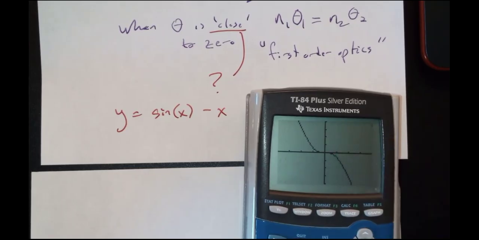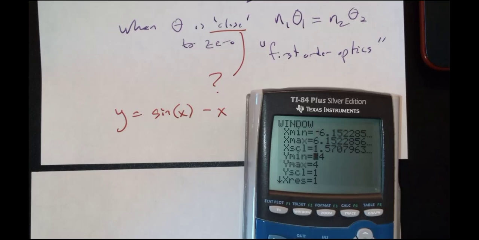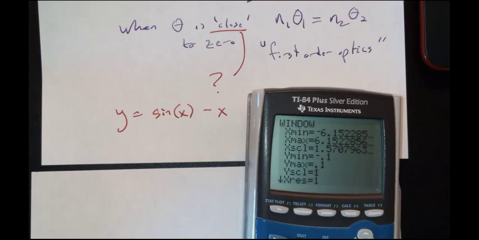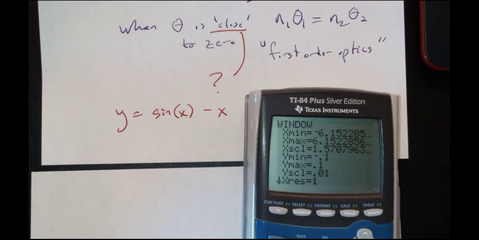So I need to zoom in quite a bit here. So let's zoom in. And I'll give you a factor of 10. Since I'm looking for 1%, we'll go as high as 10%, as low as minus 10%. We'll put the marks every 0.01 so I can see them.